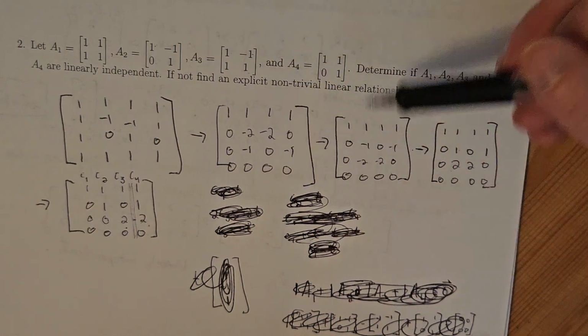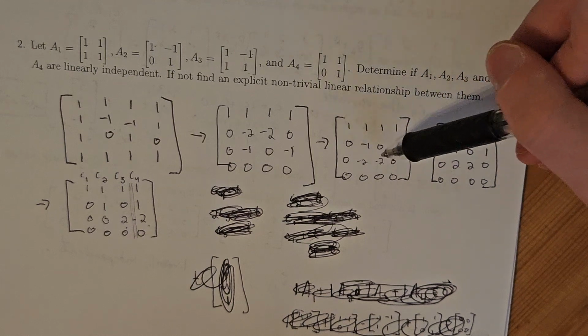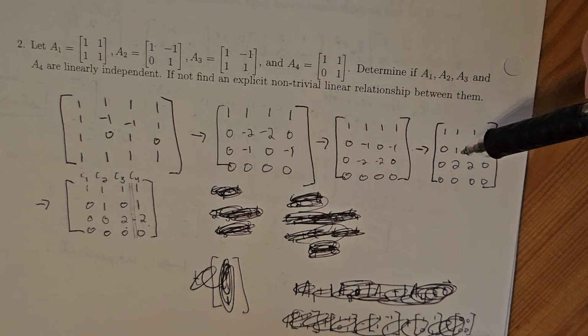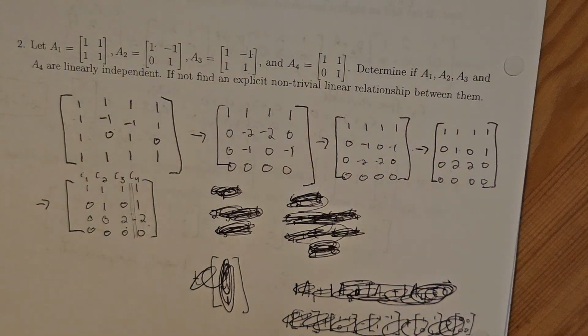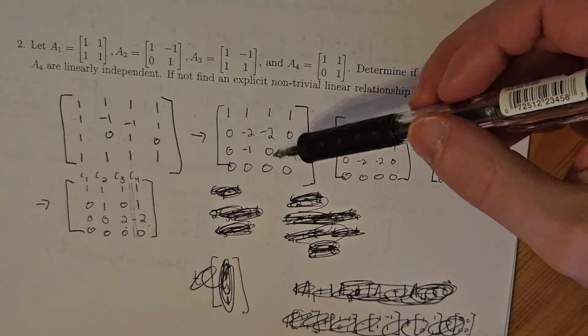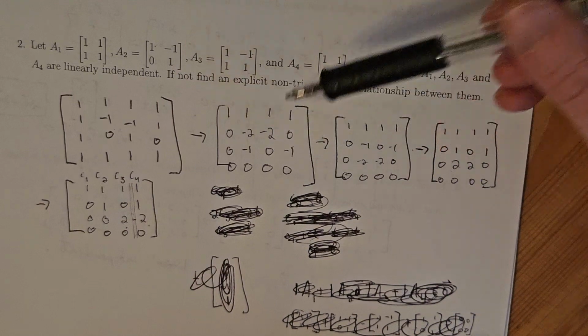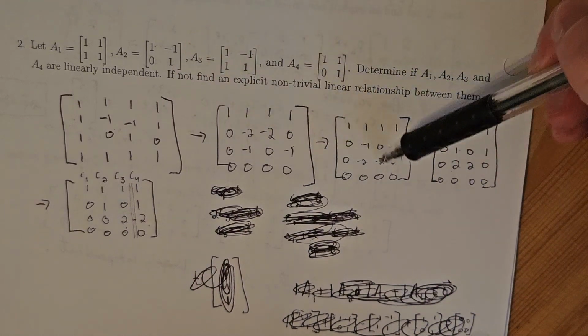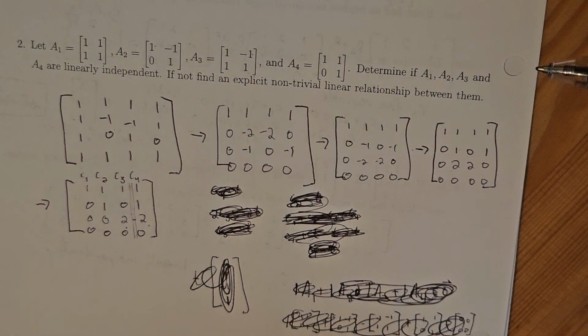Let's keep going. I did some just changing of rows around here and then multiplying by -1 just to try to simplify things. You don't actually have to do any of that, but I think it helps on the calculations here at the end. So I swapped row 2 and 3 for here and then multiplied by -1.